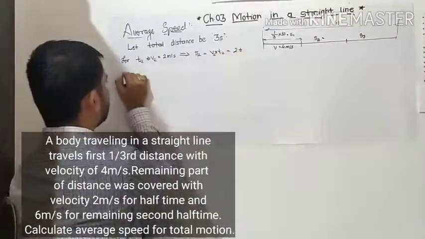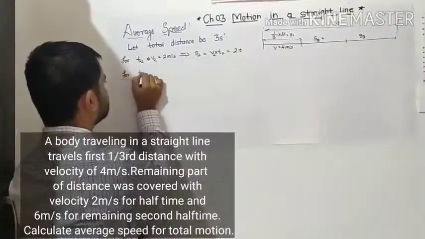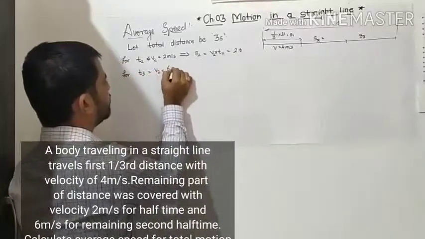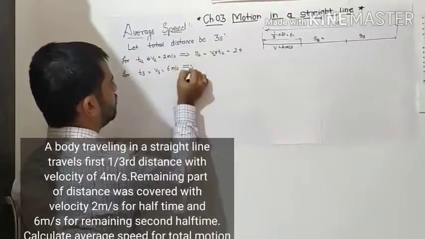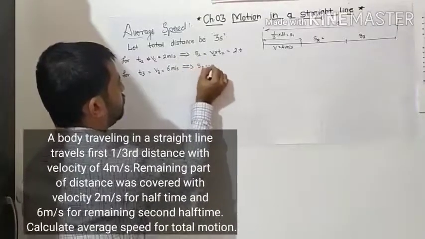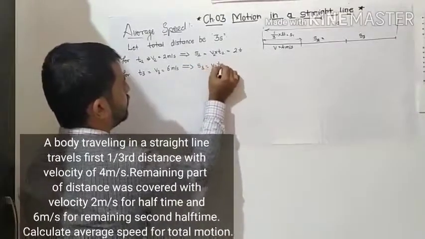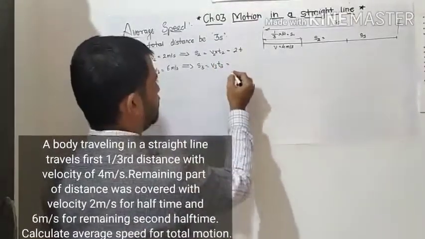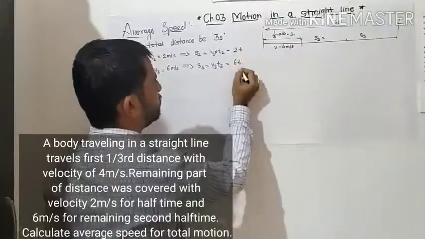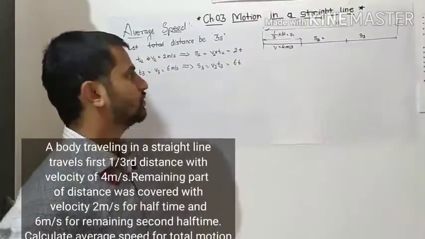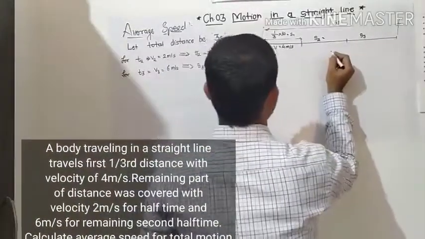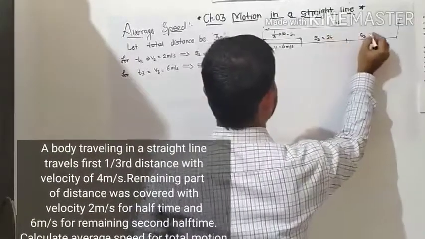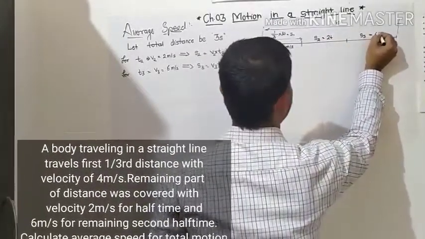And similarly for the T3, V3 equal to 6 meter per second, so S3 equal to V3 into T3, so it will be equal to 6t. So we can write down here that S2 equal to 2t and S3 equal to 6t.